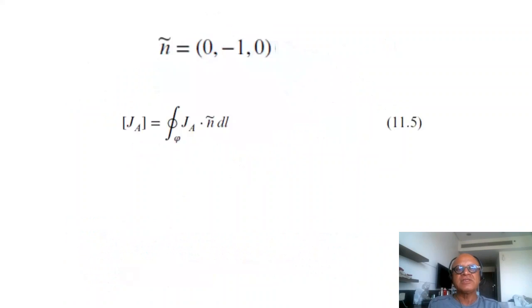Okay, that sets up the problem. So the unit vector n tilde here is (0, -1, 0), normal to the latitude line everywhere. And the zonal average of the flux is over a latitudinal circle, J dot this unit vector times dl, which is the path along the latitudinal line.